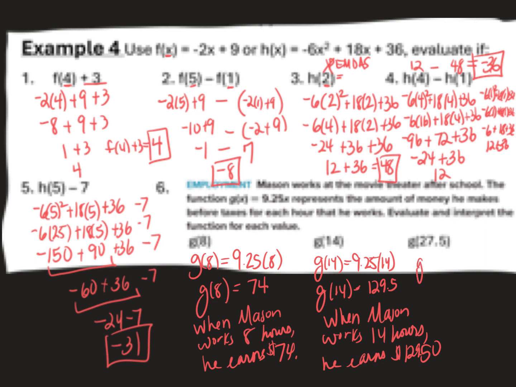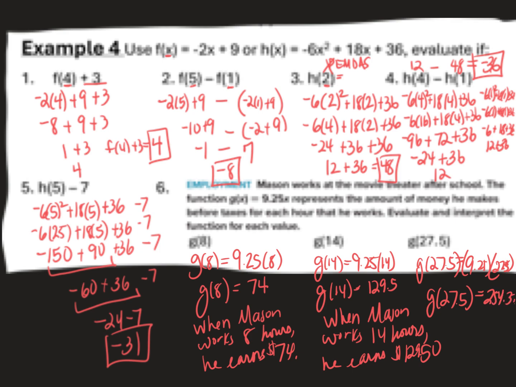So g of 27.5, this would be hopefully how much, well of course not how much you'd work in a day, because that's more than a full day. 9.25 times 27.5. When you multiply that, you get 254.375.